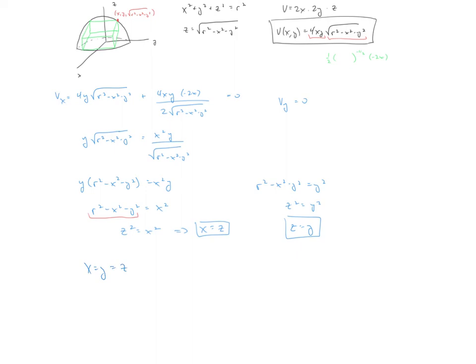So if I take this z squared, which equals r squared minus x squared minus y squared, knowing that x equals y equals z, I can then say my x squared equals r squared minus x squared, which is 3x squared equals r squared, which says that x equals r over root 3, which must also equal y, which must also equal z.